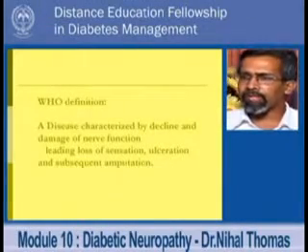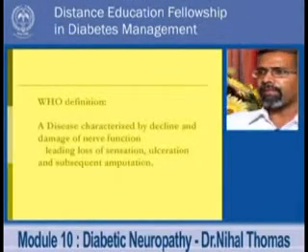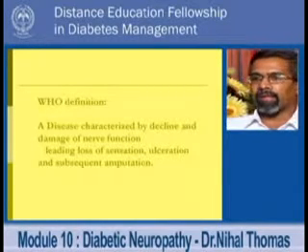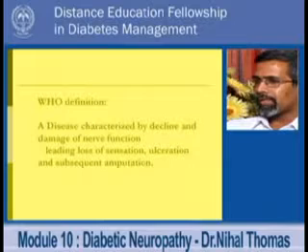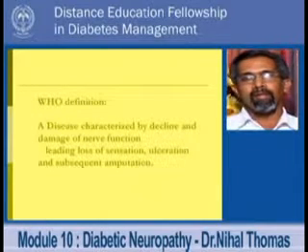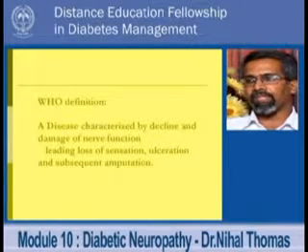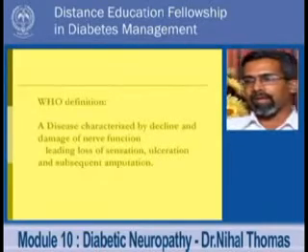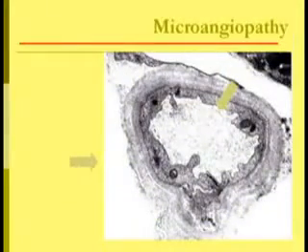The WHO definition for diagnosis of neuropathy is a functional one. It's characterized by a decline and damage of nerve function, leading to a loss of sensation, ulceration, and subsequent amputation. The pathogenesis of diabetic neuropathy is largely that of a small vessel disease or a microangiopathy.